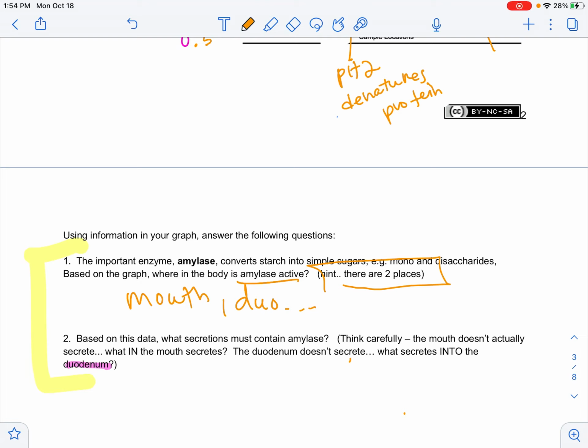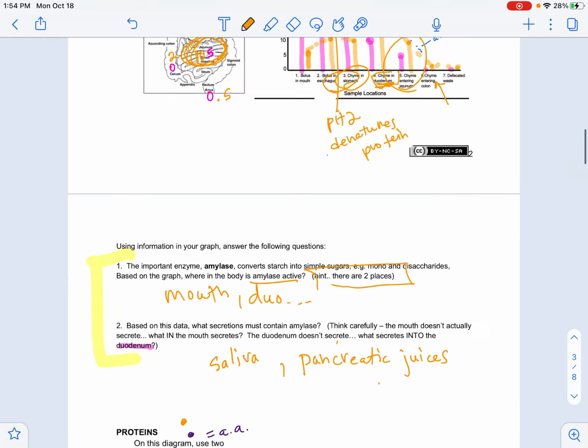Well, now your mouth doesn't secrete anything. It's your salivary glands or saliva. And then the duodenum doesn't secrete anything. What secretes into the duodenum? That's pancreatic juices. I know, doesn't that sound enticing? But it is what helps you break things down.